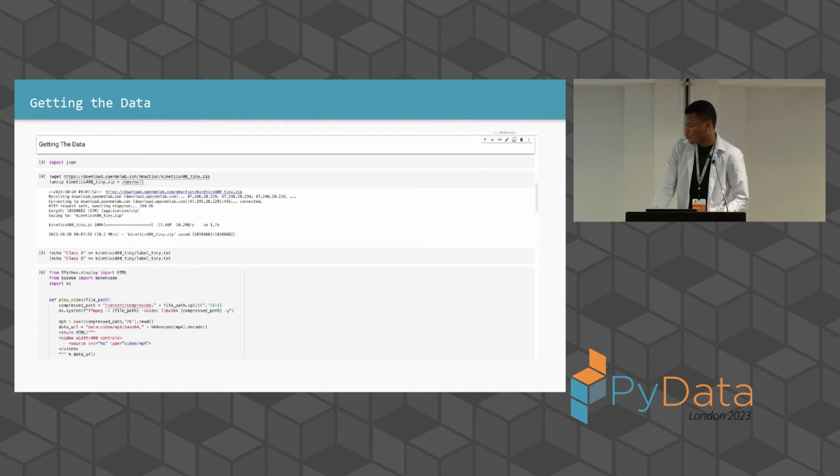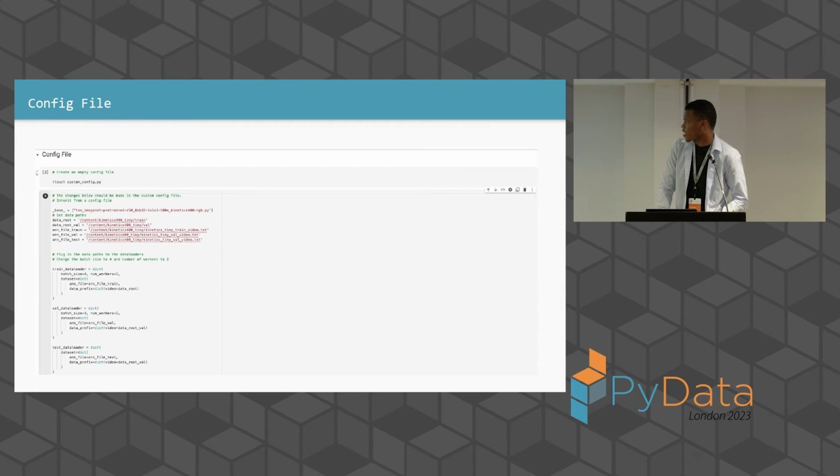Next would be creating the config file, so just an empty config file, and that should appear here. So here it is, custom config, and that's what we're going to be working with next. I'm going to be walking through each of these as I move them to the custom config.py file.